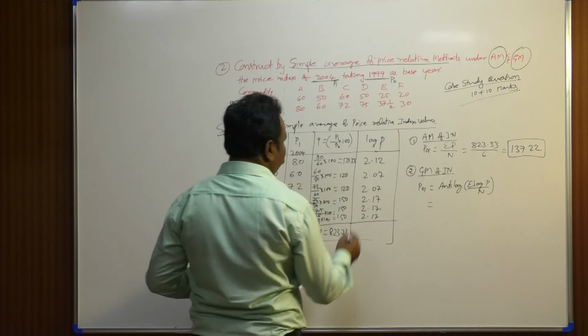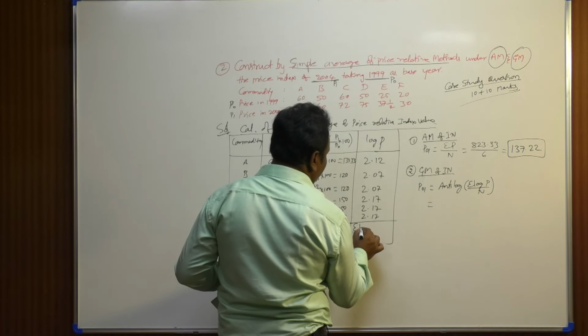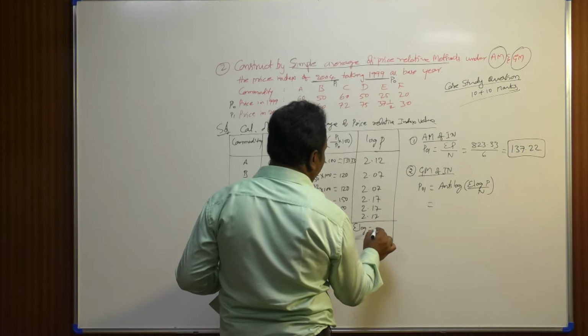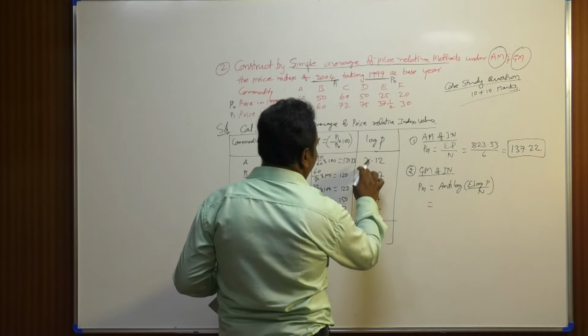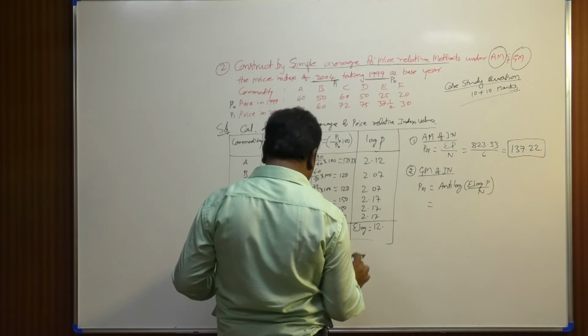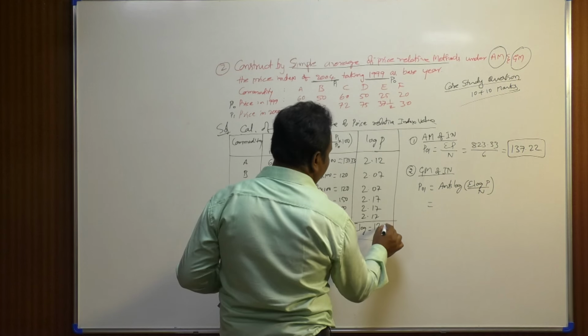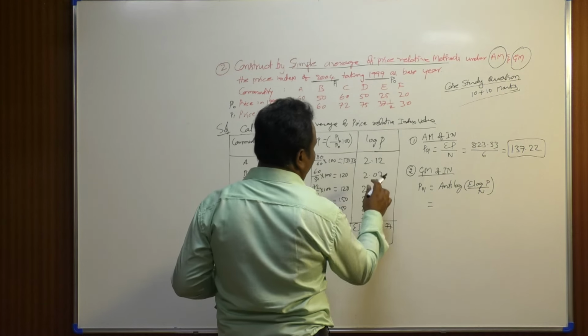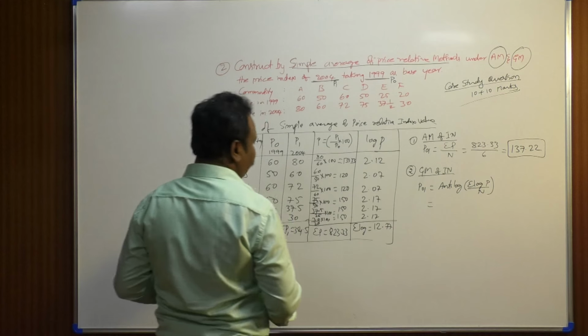So the total of log p, that is sigma log p, equals 12.77.